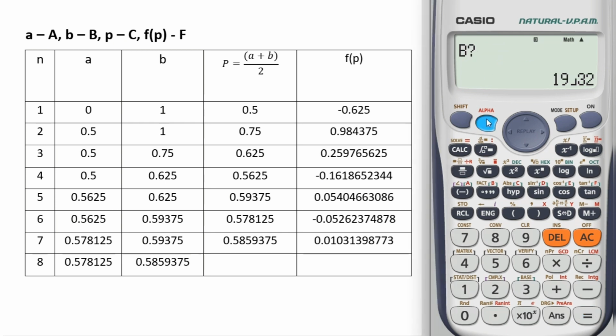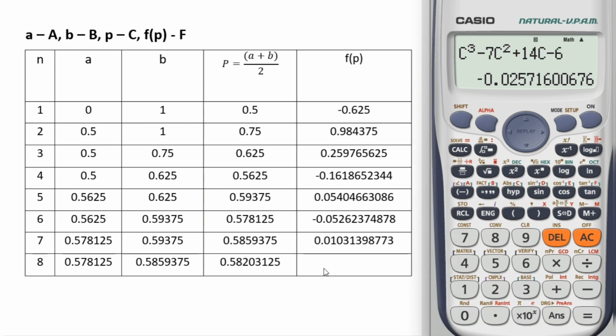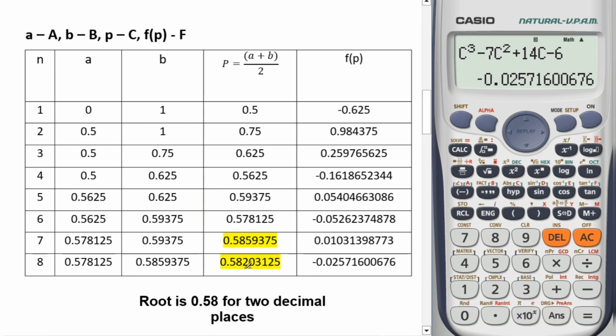Equal button, then we change the value of B. We have 0.58203125, and again equal button, here a negative value, −0.02571600676. So finally we can say that for two decimal places we have the same digits. Therefore, this is our root.